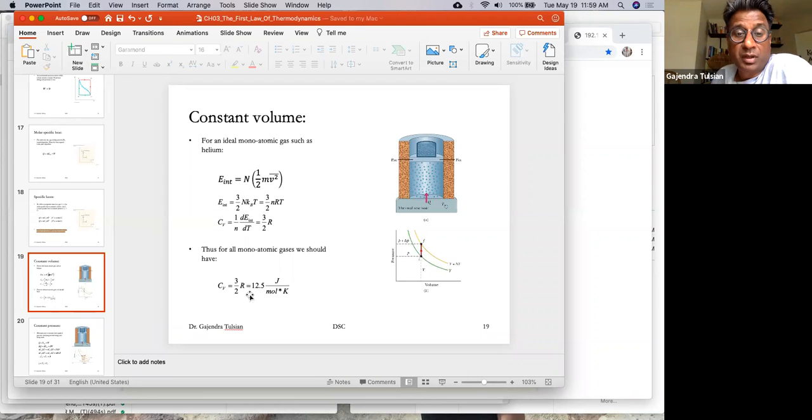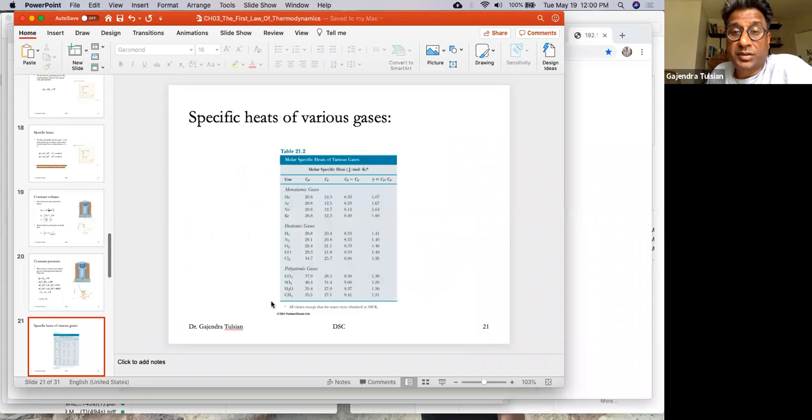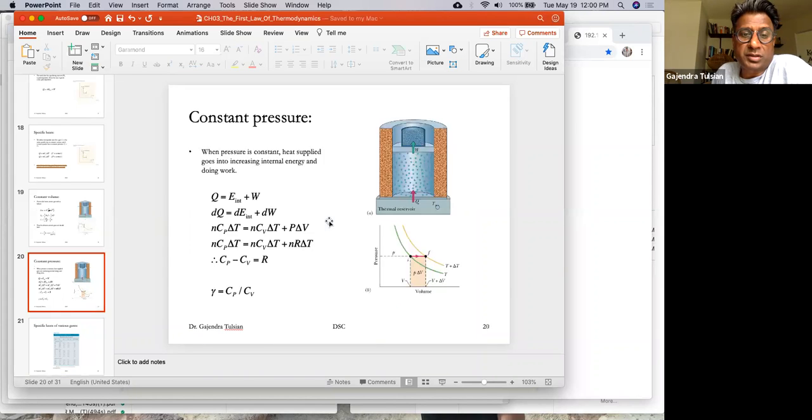So if you want to raise the temperature of 1 mole of helium by 1 degree Celsius, you need 12.5 joules. That was our calculation, and here is the experimental value, molar specific heat for monoatomic gases, all the noble gases, and it is indeed that. The experiments agree with your calculations.